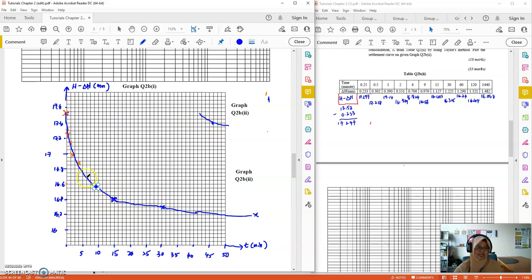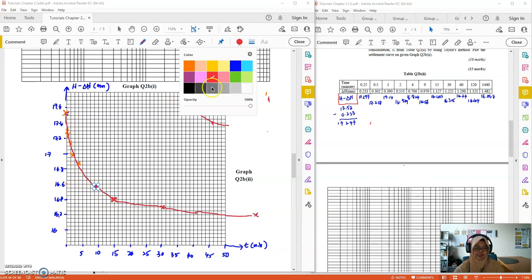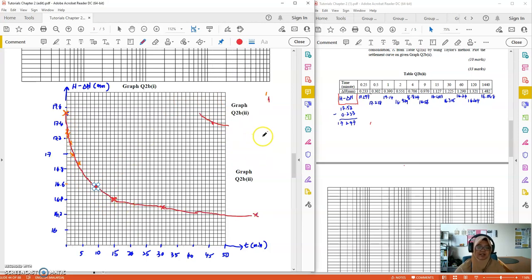Do the cross so that we lecturers can assess whether you managed to plot correctly for the respective point. All right. So once we are done with the curve, let's use red. Once we are done with the curve, we refer back to our slides.